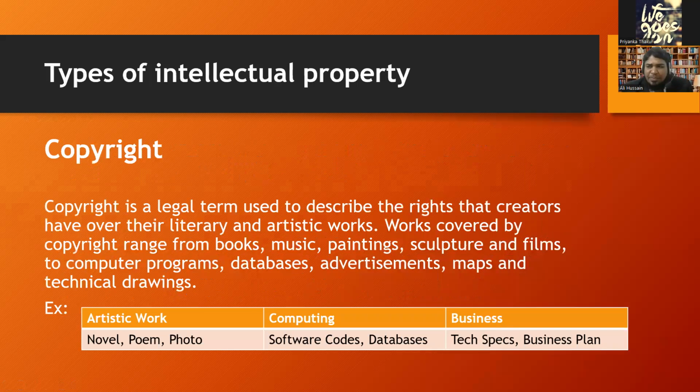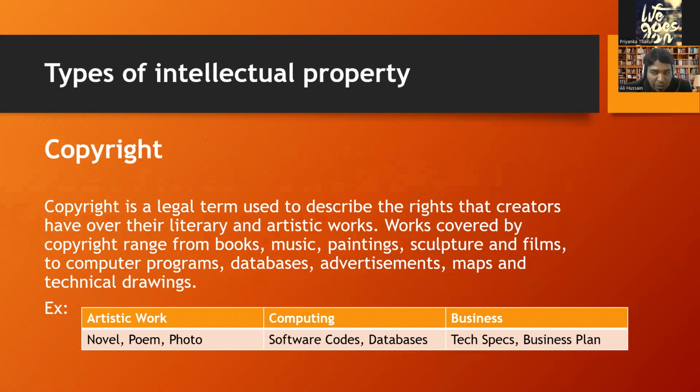The first aspect we talk about is copyright. Copyright is basically for a book writer, a musician, a painter, a script writer. Once they create their work, it is protected under copyright.